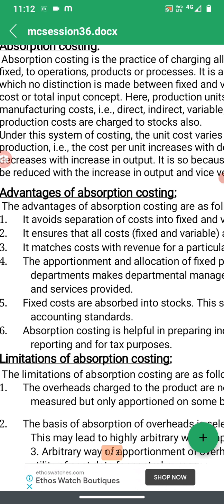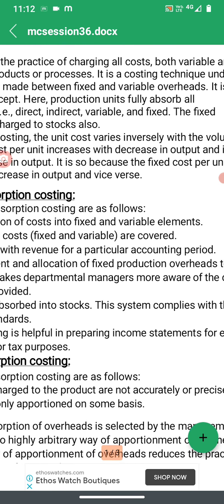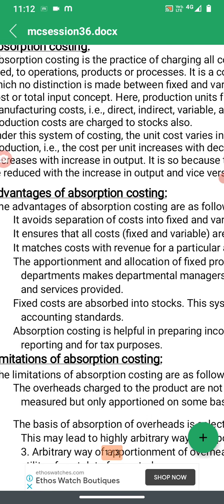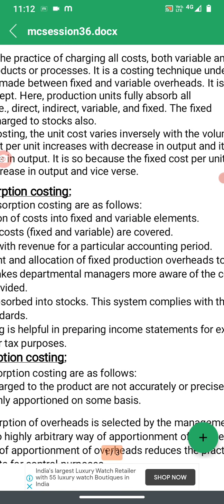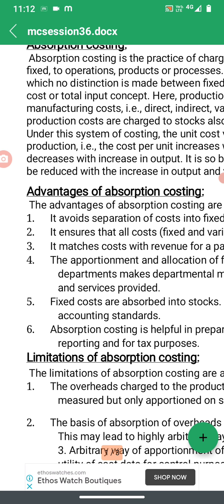This helps the organization to determine what exactly is the profit derived from the product, process or a department. Then the apportionment and allocation of fixed production overheads to the departments makes departmental managers more aware of the cost and services provided.